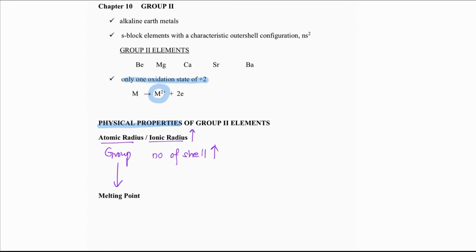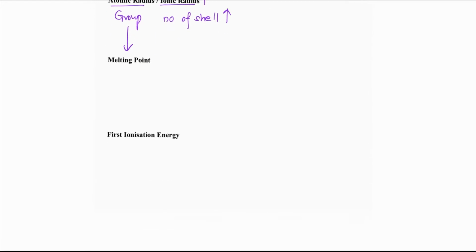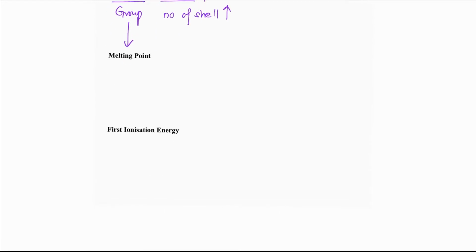Next, we have the melting point of group 2 elements. We have to consider the metallic bond down the group, as we have to overcome the metallic bond in order to melt them. There are 2 factors affecting the metallic bond.